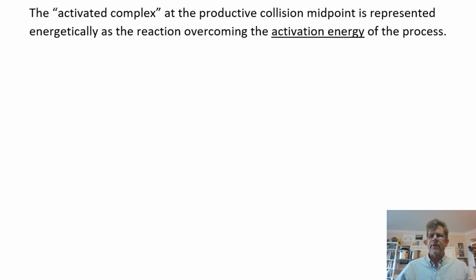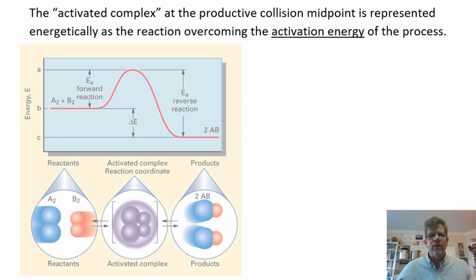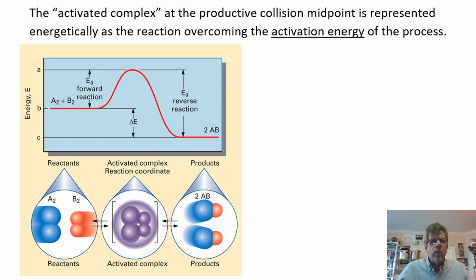And we can represent that graphically through a somewhat familiar graph, but with an extra component added to it. Down below, we see those three points within the reaction. On the bottom, we see the reactants moving towards one another, going through that activated complex, and then moving towards products.